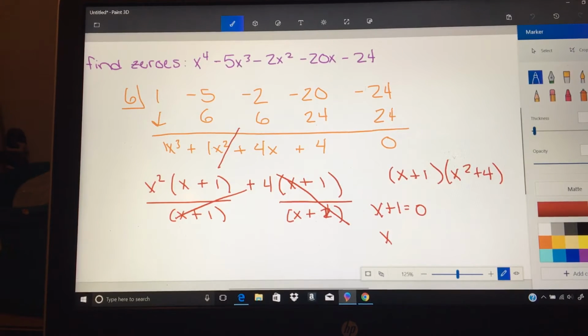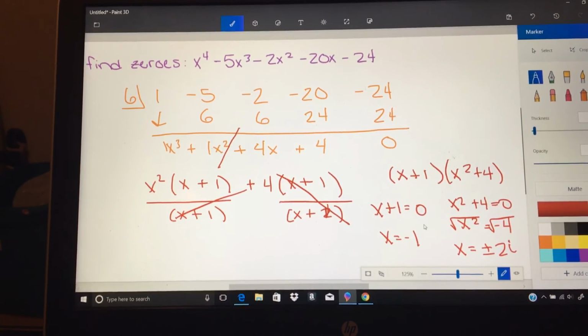That gives us x equals -1. And then here we have x squared plus 4 equals 0. That gives us x squared equals -4. Take the square root, and the square root of -4 gives us plus or minus 2i.